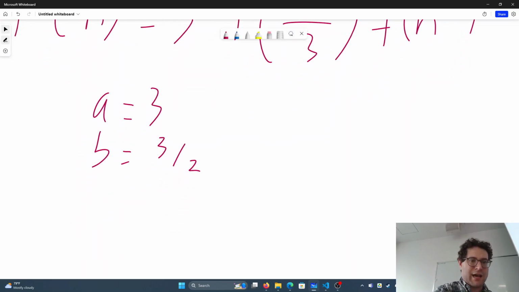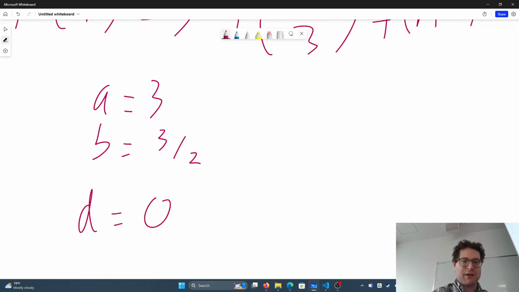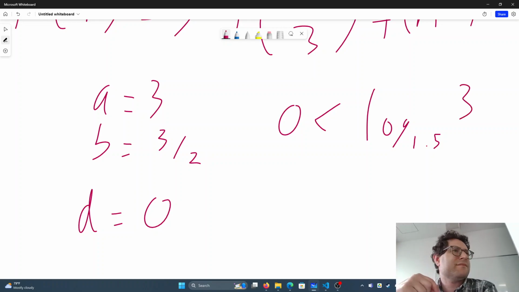So D is equal to 0. It's log B of A, so we are checking whether 0 is less than log base 1.5, just for ease of writing, of 3.